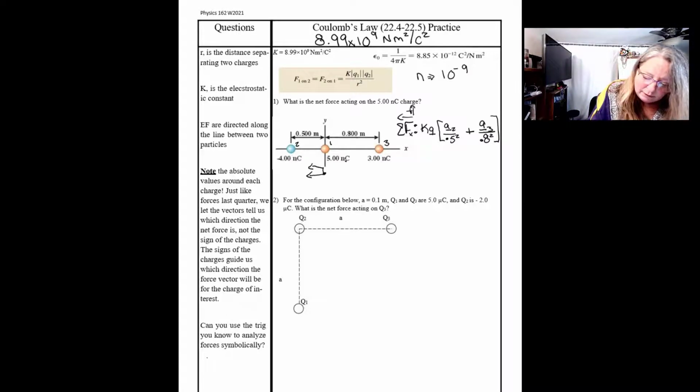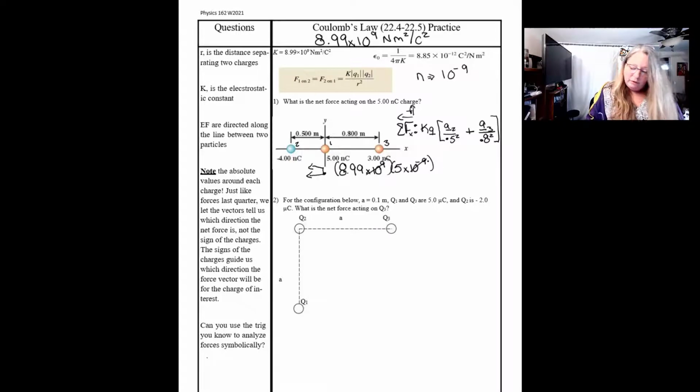Let's just write this out over here. So I have k, which is 8.99 times 10 to the 9th. And my q is this q1, so that is 5 times 10 to the negative 9. If I look at this multiplication here, at 10 to the 9, those 2 quantities cancel out.